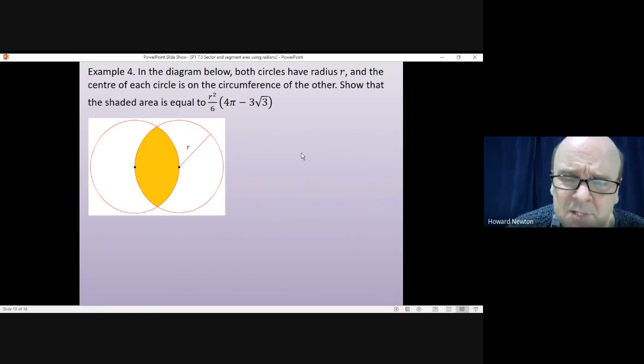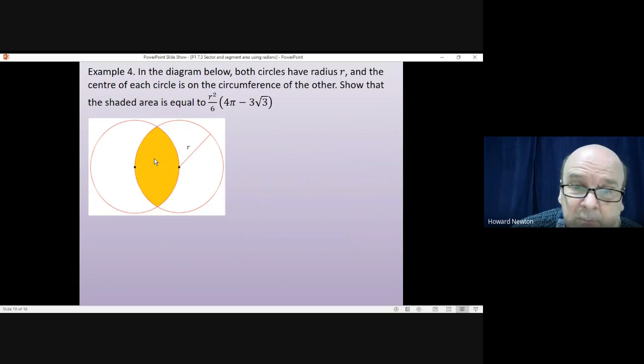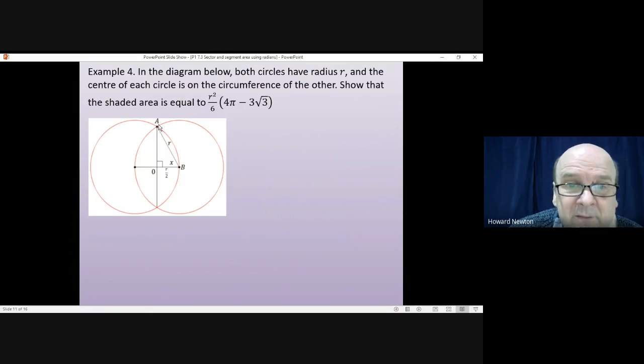Now I'll get you started on this question and then let you try and finish it off. The way to start is to look at this shaded area in some detail. And what we have is this. So joining together the 2 centers and also joining the top and bottom will give us that. And this right angle triangle here, we know that this distance is r because it's the radius of the circle center B going to the circumference.